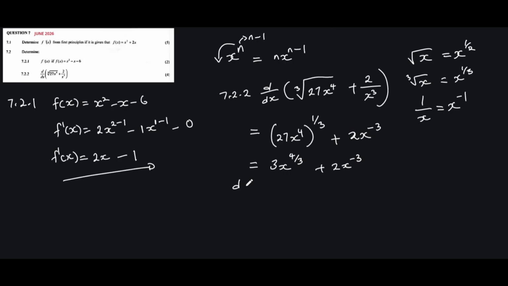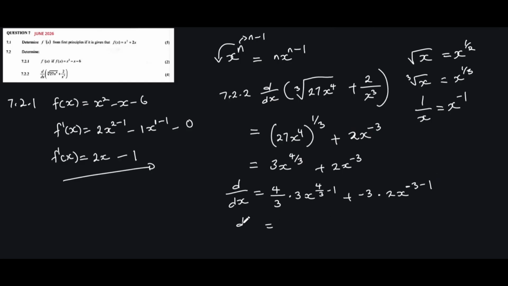So you just have to write d over dx is equal to, now remember, how do you differentiate? You take the number in the exponent in front, and then from the exponent you minus 1. So you're going to say 4 over 3, which is your exponent, times 3x to the power 4 over 3 minus 1, then plus negative 3 times 2x to the power minus 3 minus 1 on the exponent, right guys?